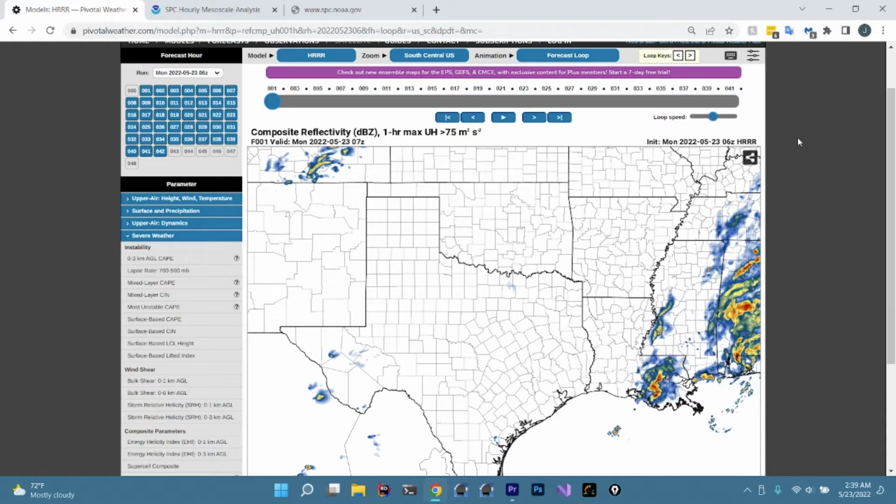So we're going to go ahead and get started here with the HRRR, which is what we like to call the HRRR. This forecast model is a short-range, high-resolution model, and we are going to just kind of get right into it here. Now, the first thing I'm going to show you is the radar forecast.